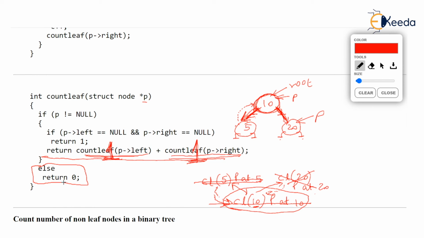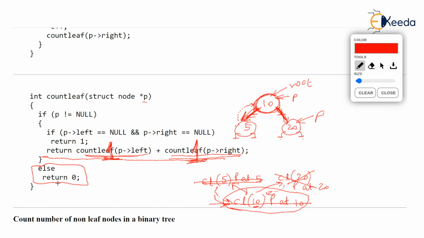If count leaf is called with p equal to null, then the else portion will run. So you just check the else portion will run for this kind of input.